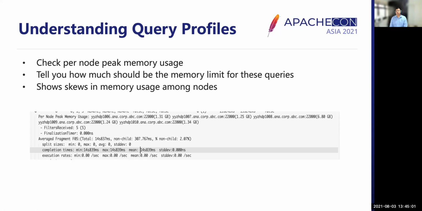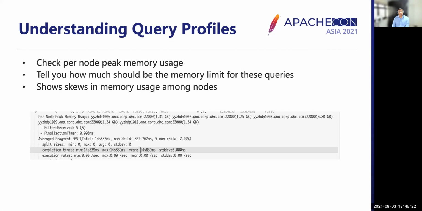Now what it shows over here is a huge skew in the memory required: the average node was around 1.2, 1.3 gigs, and on one of the nodes it was around 6.8 gigs. What this tells you is there is something on that node that is skewing up data. It could be a data skew, that there's a lot of data read on that node.